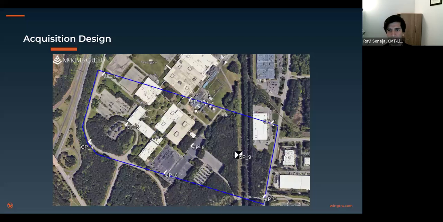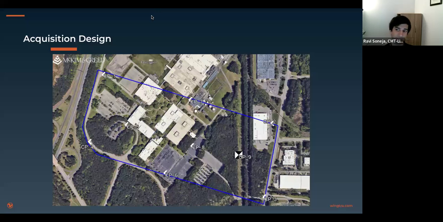This is just a brief look at the site that we chose here. This was a 140-acre site in Raleigh, North Carolina that was selected for LiDAR and imagery acquisition. What we were really looking for as part of this test is varied terrain. We wanted hard and soft surfaces, paved parking lots, roadways, buildings. We wanted some areas with short grass, low-lying brush and vegetation, as well as tall trees.